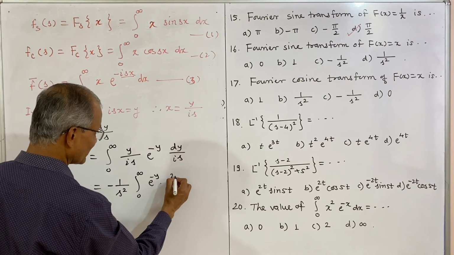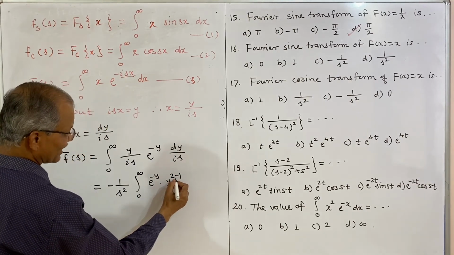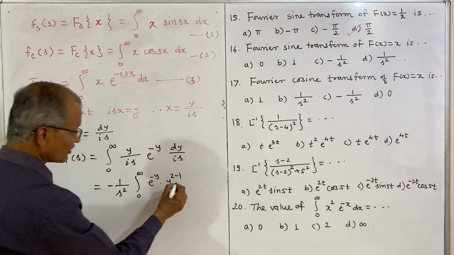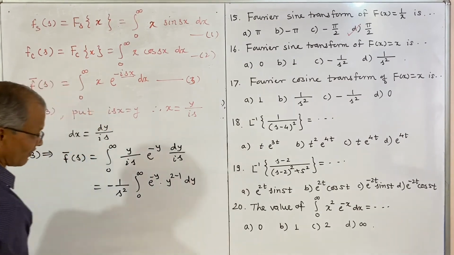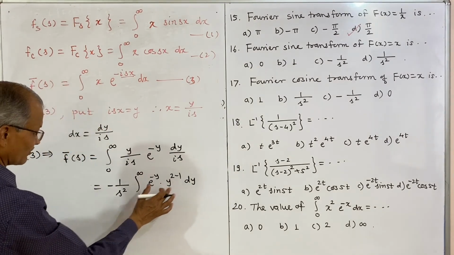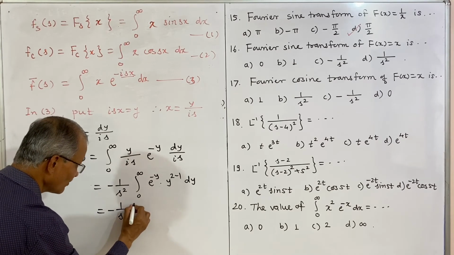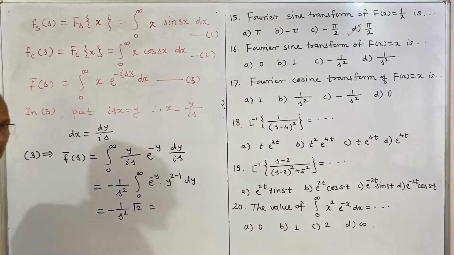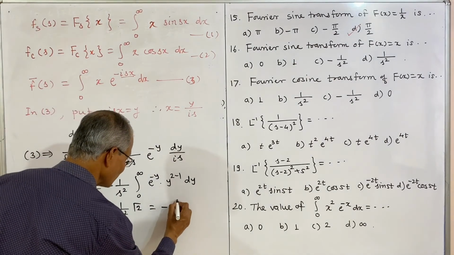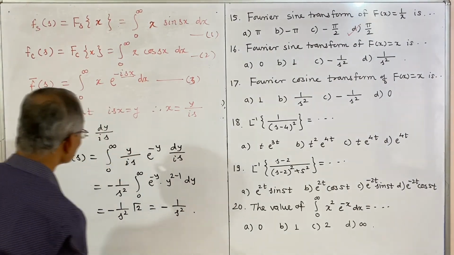That y can be written as y to the power 2 minus 1 to express it in gamma function form, and this is exactly gamma of 2. So, this is minus 1 upon s square gamma of 2, or gamma of 2 is 1 factorial, which is 1, and therefore this is minus 1 upon s square.